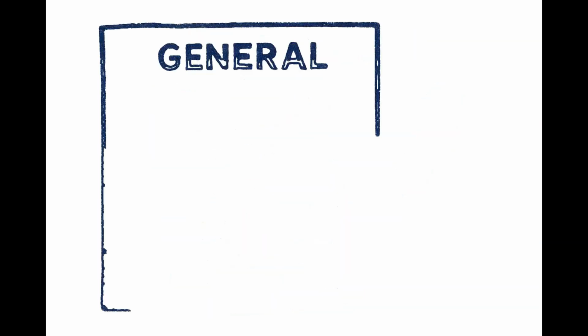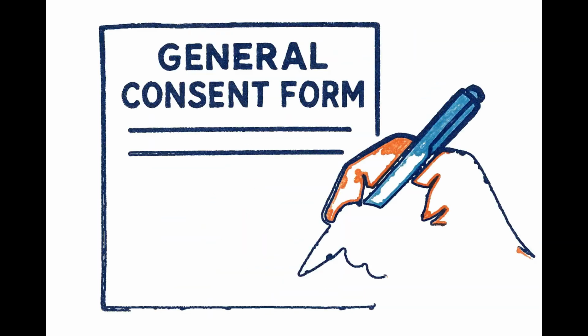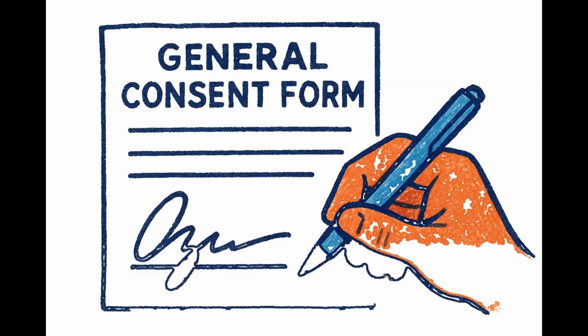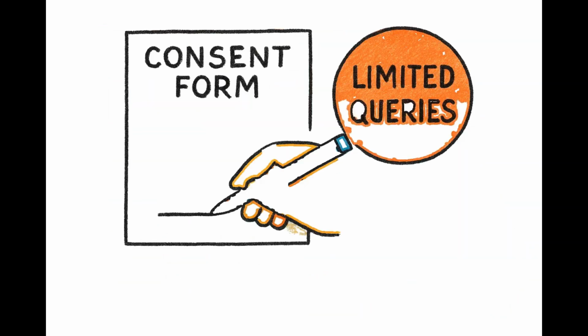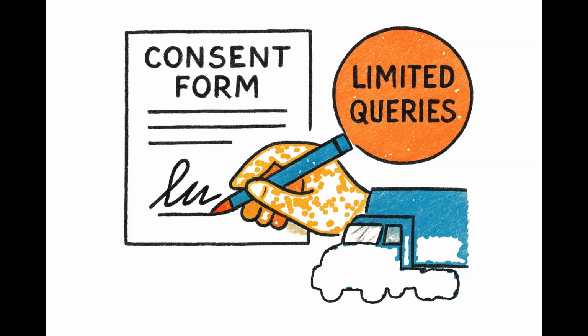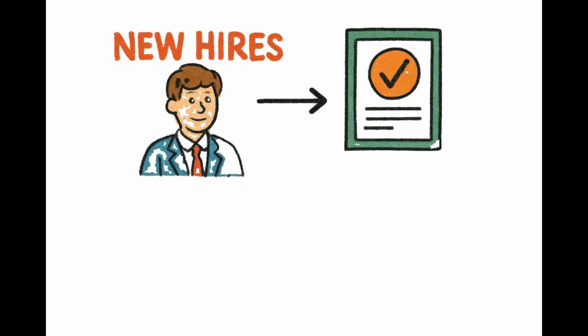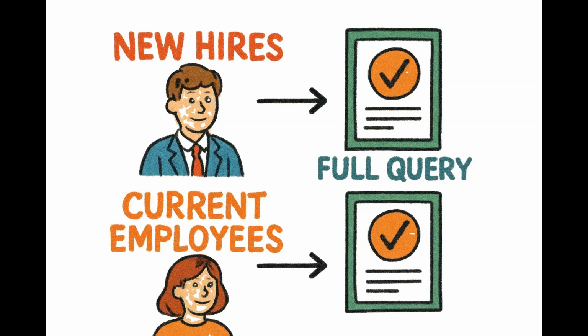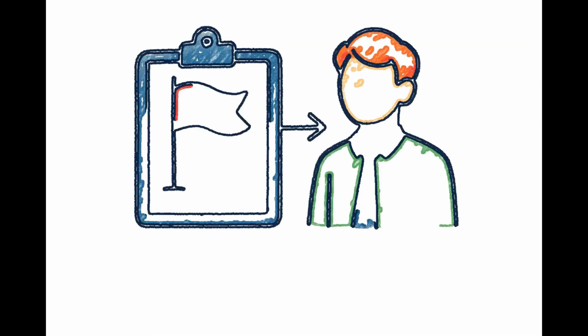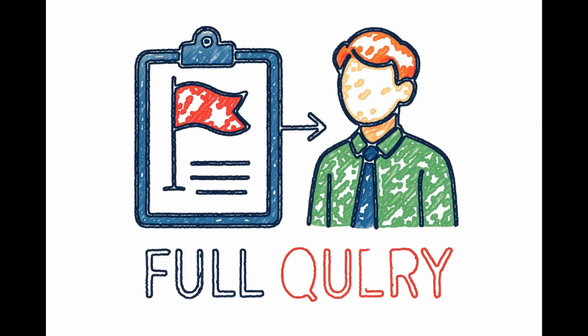It requires a general consent form that is kept outside the Clearinghouse, often signed as part of the initial hiring paperwork. This single signature can cover limited queries for the entire duration of a driver's employment with your company. So, to recap, new hires get a full query. Current employees get a limited query annually. If that limited query flags a record, it triggers the need for an immediate full query.